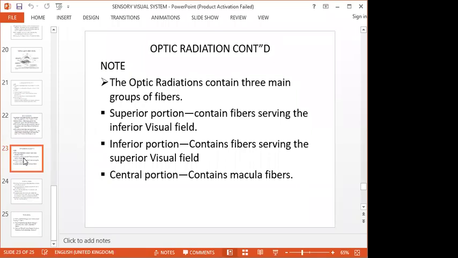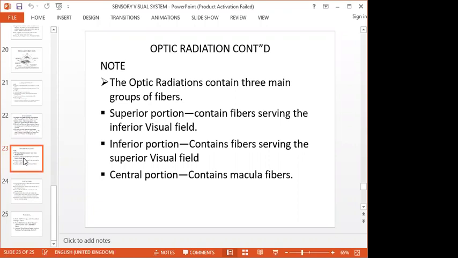Lateral fibers serve the nasal part. Nasal fibers serve the temporal side. The inferior portion contains fibers serving the superior visual fields. The central portion contains the macular fibers. The superior portion contains fibers serving the inferior visual fields.